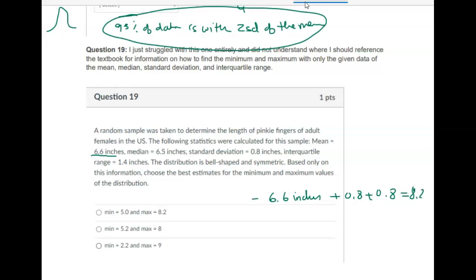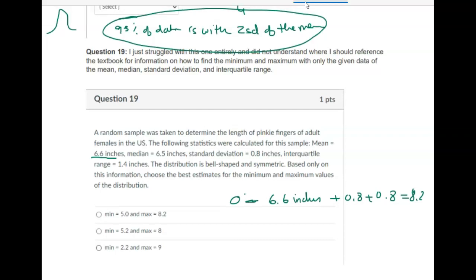Right? And then if you subtract 0.8 and subtract another 0.8, so you're adding 2 standard deviations, subtracting 2 standard deviations, 6.6 minus 0.8 minus 0.8, you get a 5. So those are approximately the extremes, all right?